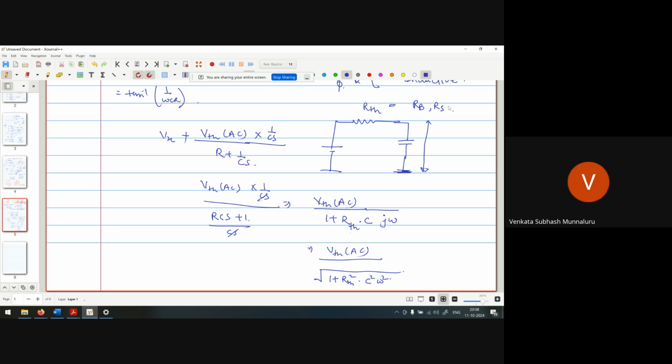Sir, which book to follow? Any preference? You can take a microelectronics book, or an operational amplifier book.